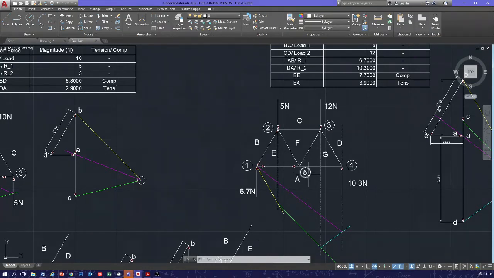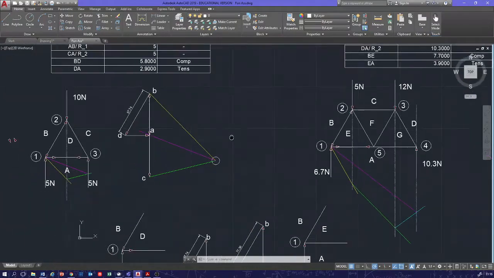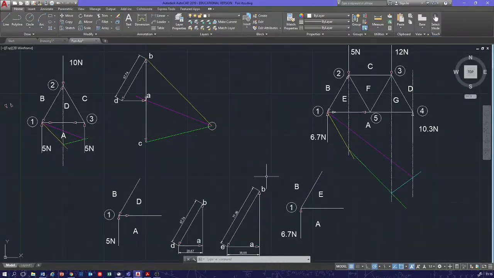We can't, for example, tackle joint 5 because although we know the force in this member here, that's 1, 2, three things we don't know. Okay, so I'm going to move on to joint 2 here, because that's probably the most complicated example that we'll have to tackle. Okay, so that's our next stage.